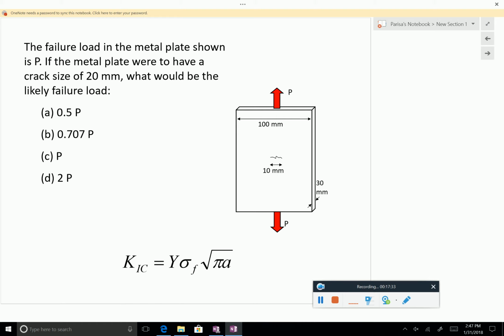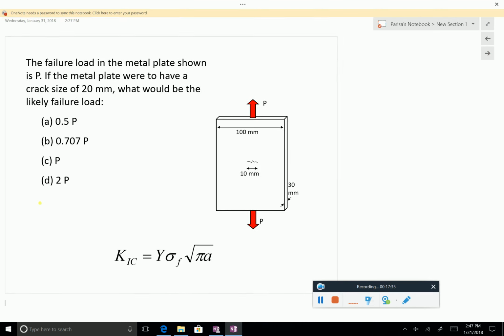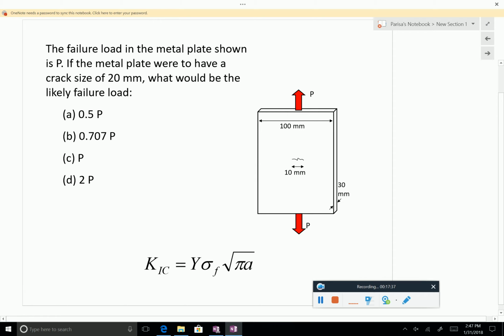Now let's try to see if you can calculate it. The hint here, or something that you have to pay attention to, is that K sub IC is a material property. So it doesn't change when you compare 10 millimeter to 20 millimeter. And Y also, you can assume that it is the same for both cases.